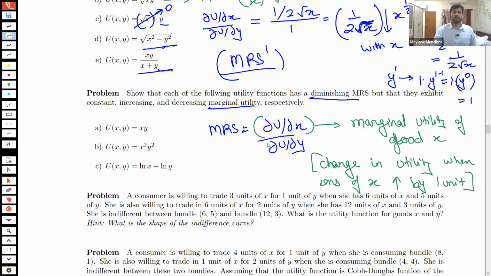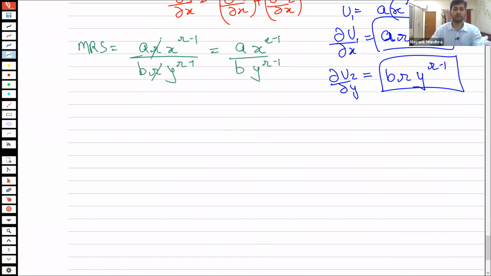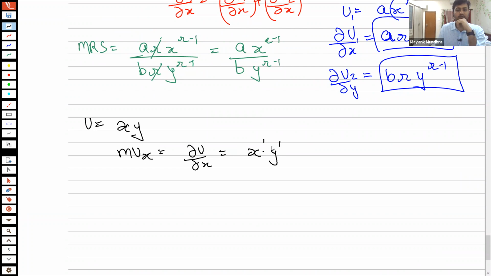Similarly, the lower thing is the marginal utility of good y. So if I take this utility function, utility equals xy, then the marginal utility of good x is del u by del x, which is d by dx of x to the power 1 y to the power 1.